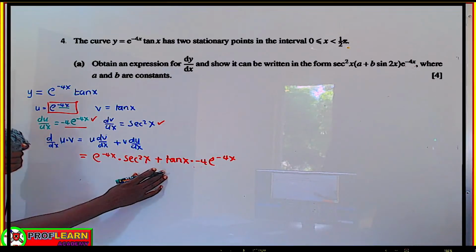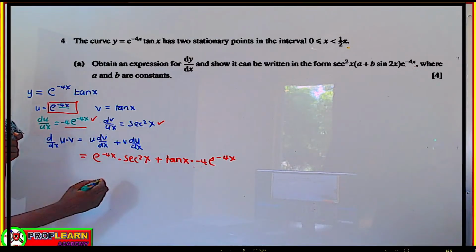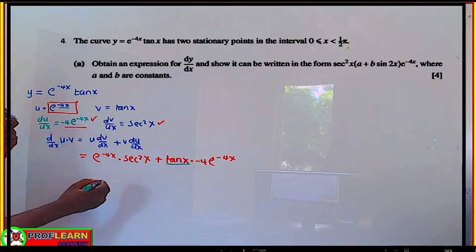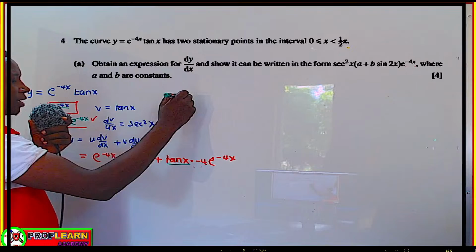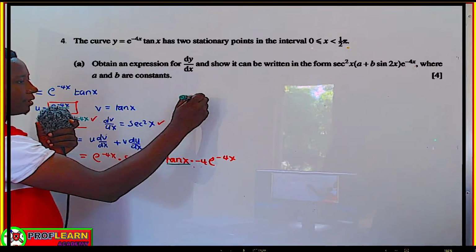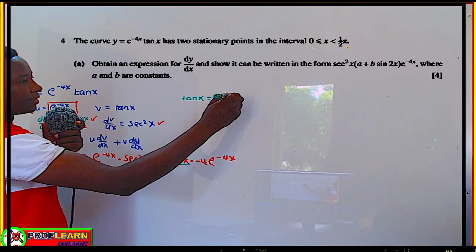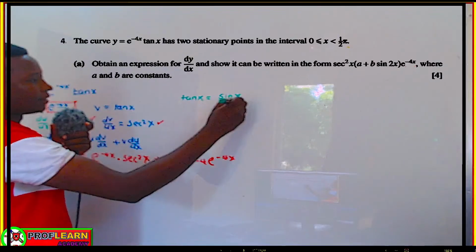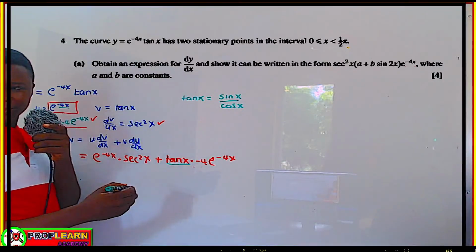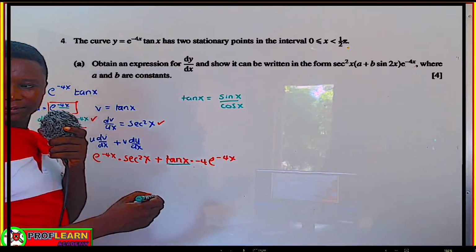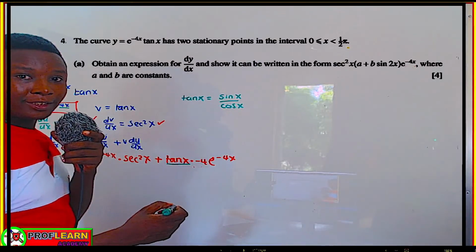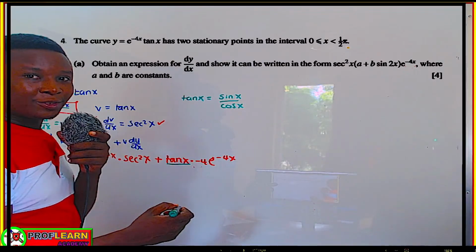Okay, before I factor out, I need to appreciate the fact that tan x. How can we write tan x? Tan x can be written as sin x over cos x, but I'm targeting to have sin 2x.